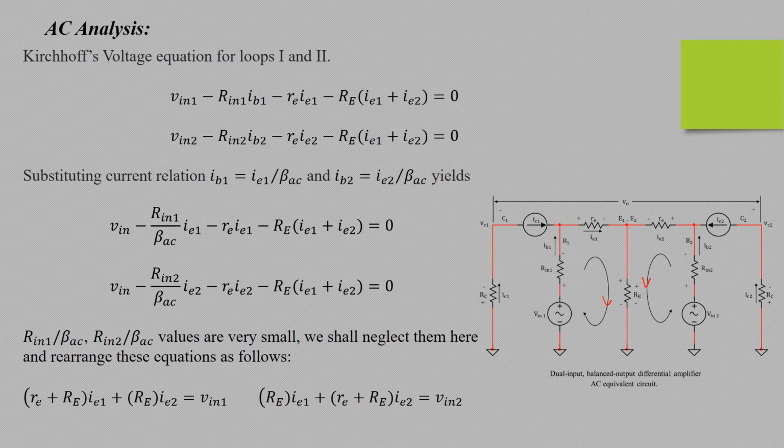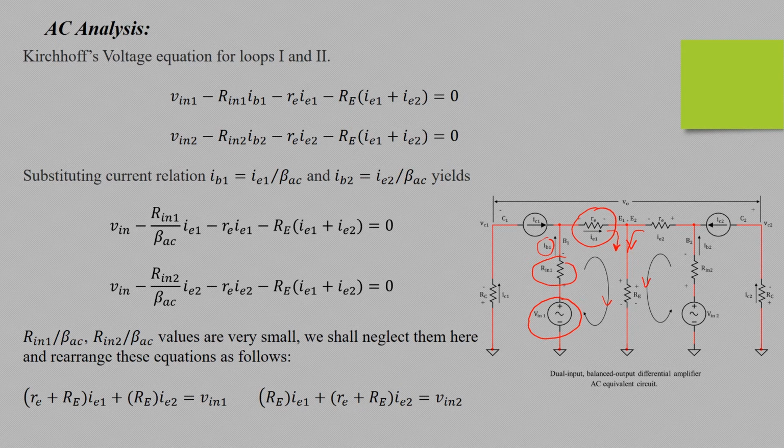We can write Vin1 minus Rin1 into IB1 minus re1 into IE1 minus capital RE into (IE1 plus IE2) is equal to 0.